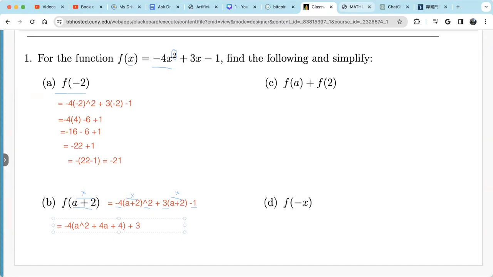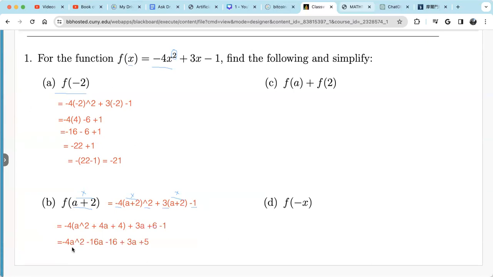Then plus 3 times a is 3a, 3 times 2 is 6, then minus 1. Then we distribute negative 4 inside the parentheses. We get negative 4a squared minus 16a minus 16 plus 3a plus 5, right? 6 minus 1 is just 5.